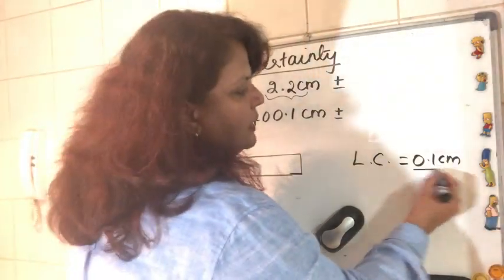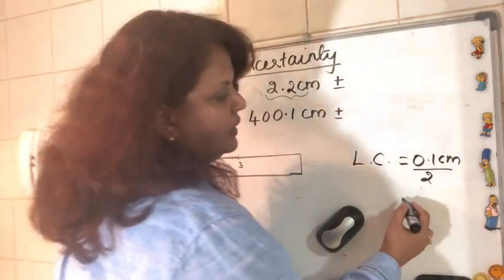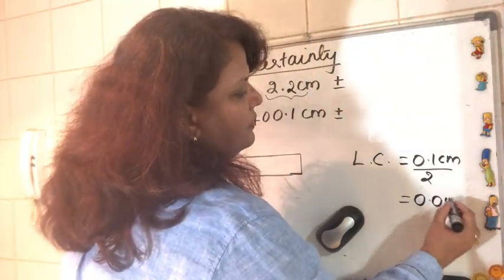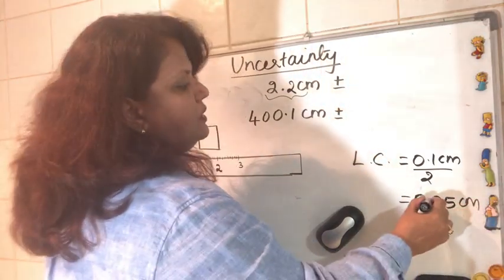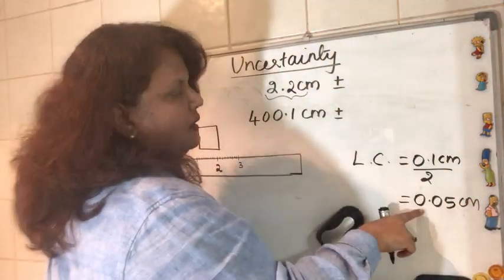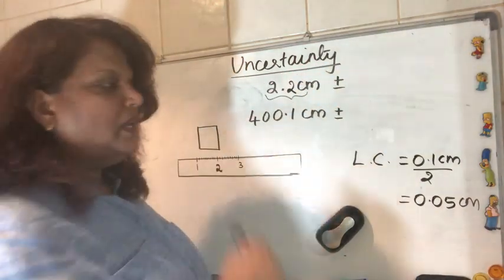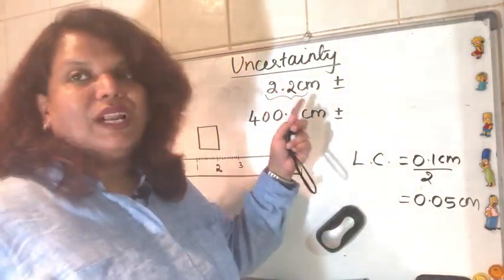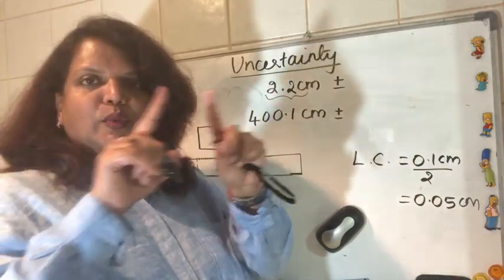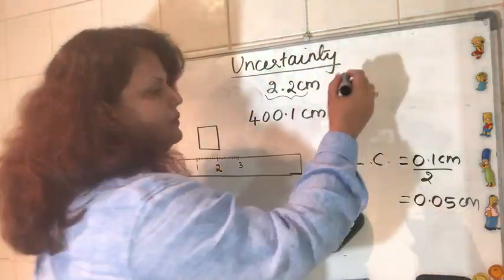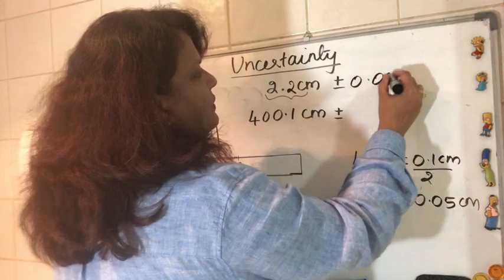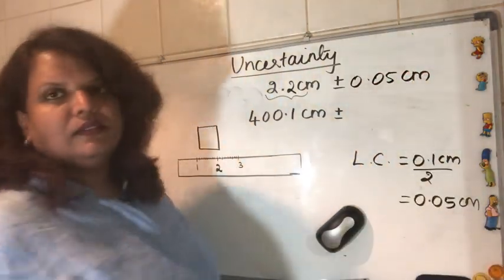You divide that by 2, and you end up with an answer of 0.05 centimeter. So this reading could be 2.25 centimeters, or it could also be 2.15 centimeters. So it lies between that range. Okay, so 0.05 centimeters. Getting it?